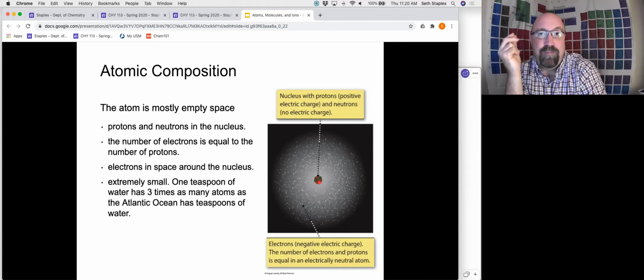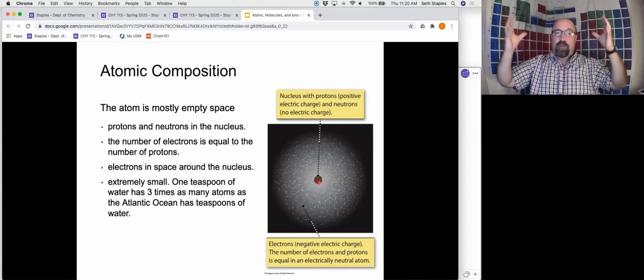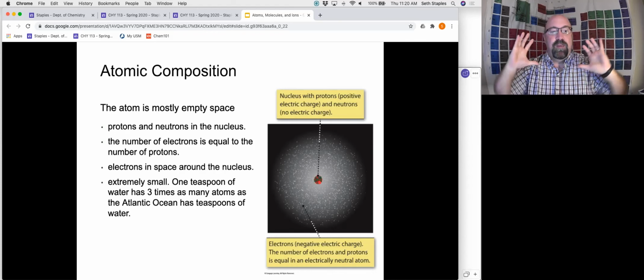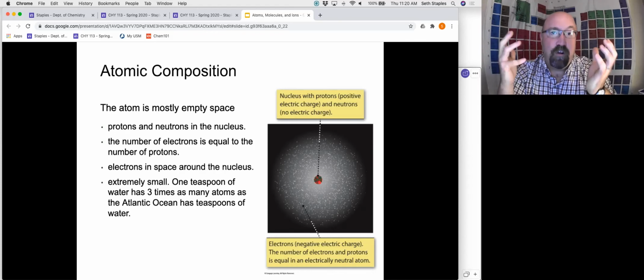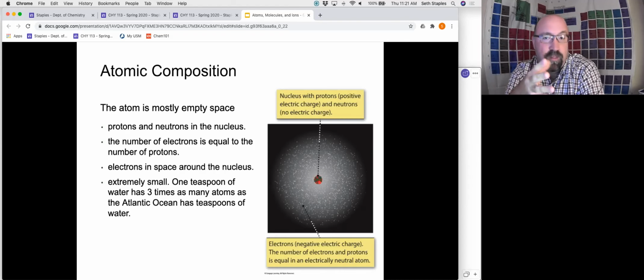Now let's think about a couple of mosquitoes flying around in there. So those mosquitoes have that whole space, that whole dome to fly around in. Those mosquitoes are the electrons. And so, like I said, a mosquito is essentially massless in comparison to something like a baseball. And we have all that space. That's the space where the electrons are all flying around. And so that's what we mean if you hear that the atom is mostly empty space.